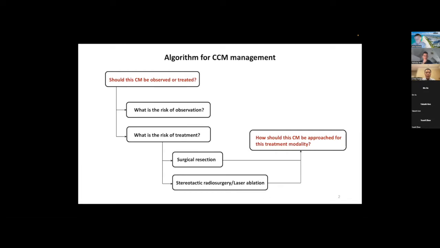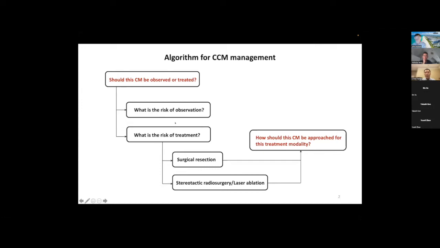When these patients are referred to our clinic for CCM, here are some questions that patients might be concerned about, and that will be the starting point of our study. The first question is whether they need a treatment or not.